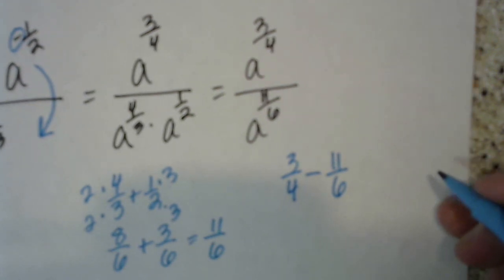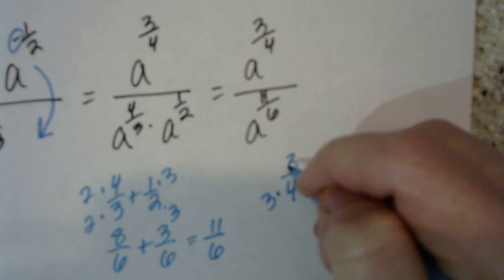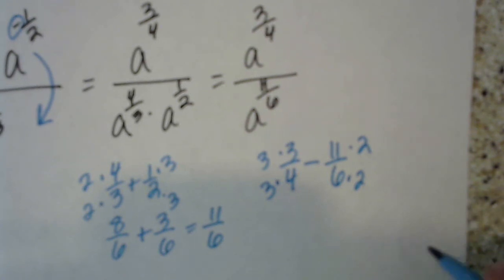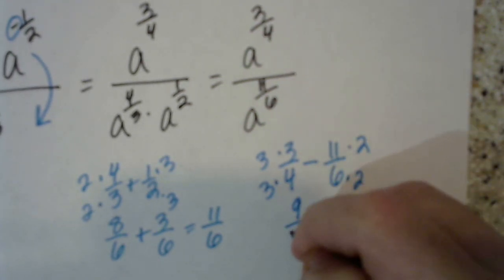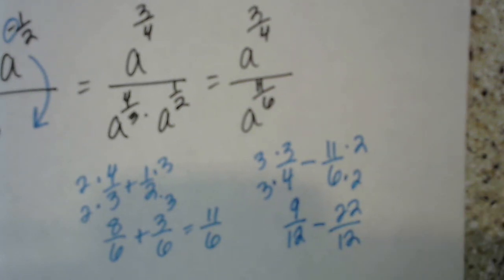So now I need a common denominator again. So let's do 12. So 4 times 3 and 6 times 2. So that's going to be 9/12 minus 22/12. And you can see there that I'm going to get a negative number. 9 minus 22 is negative 13.